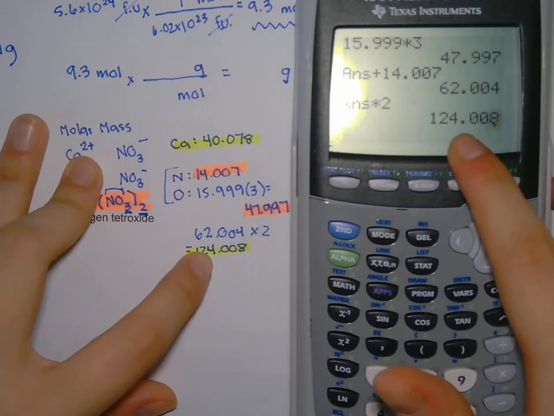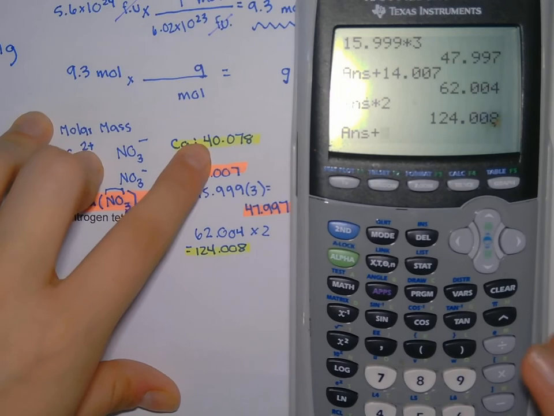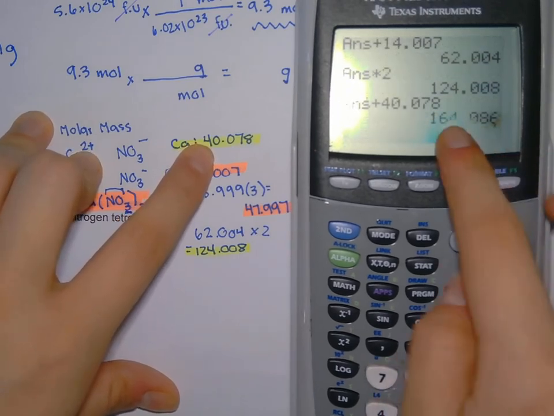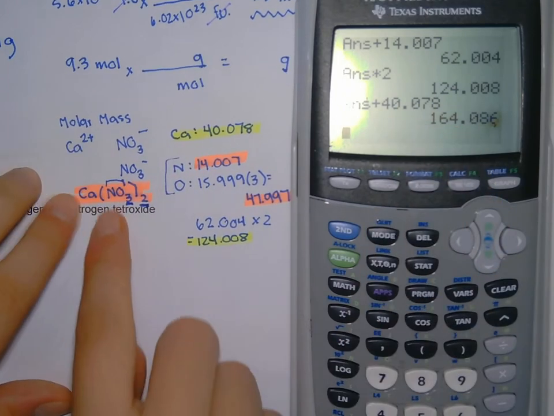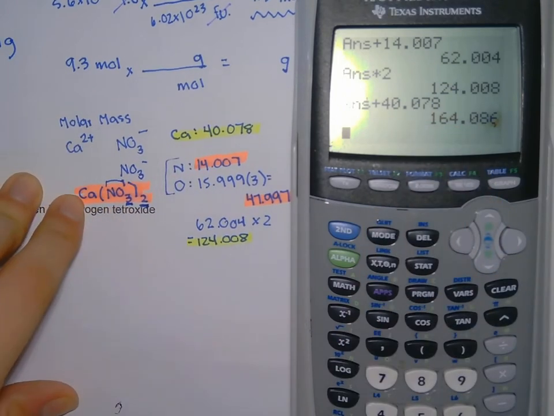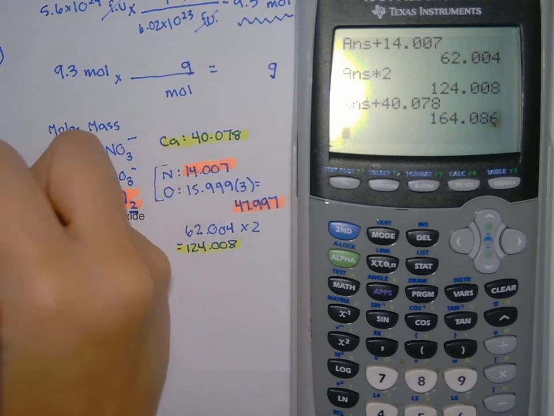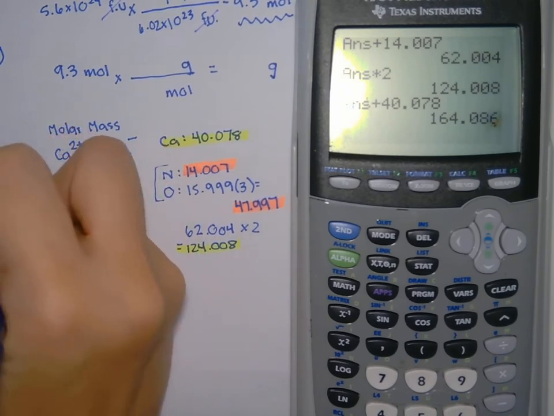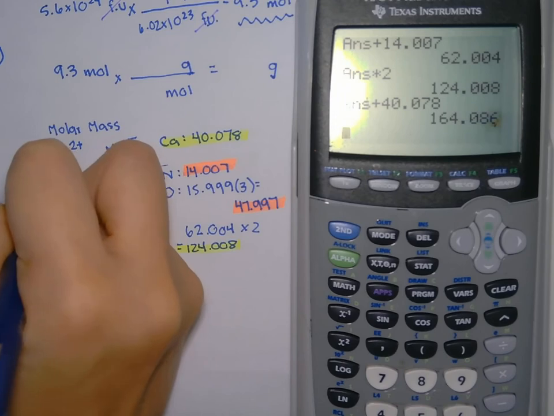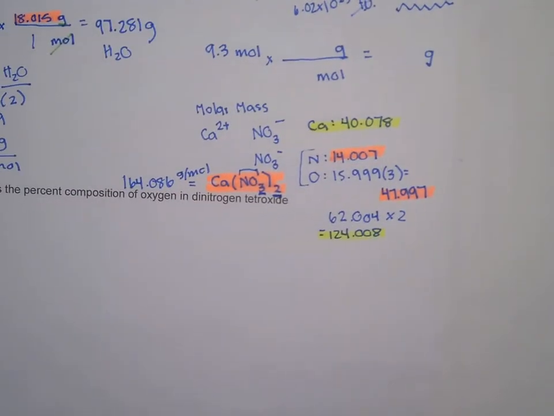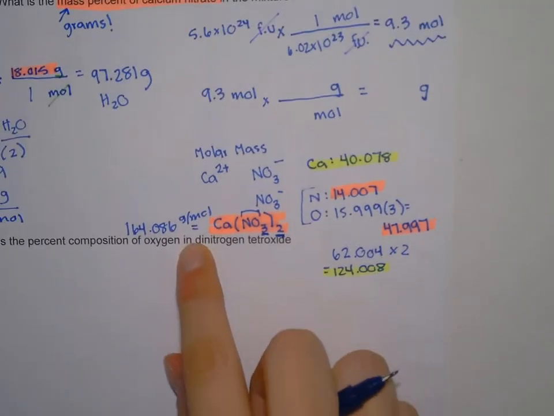So 124.008 plus 40.078. And that is the molar mass of calcium nitrate. So let me write that down. It is equal to 164.086 grams per mole. All right, now we got it.